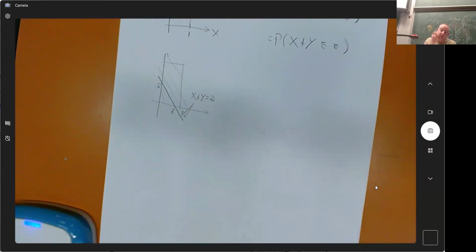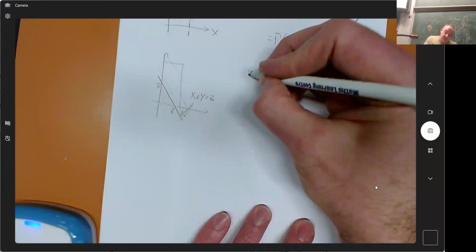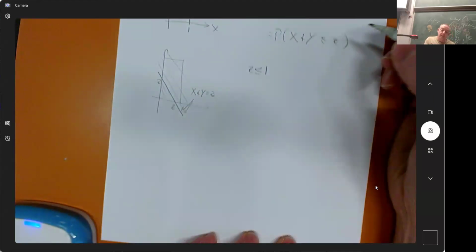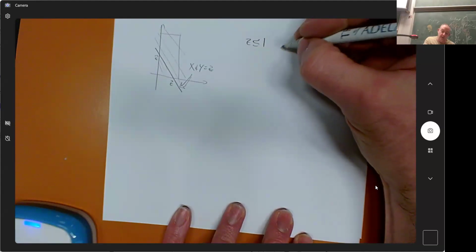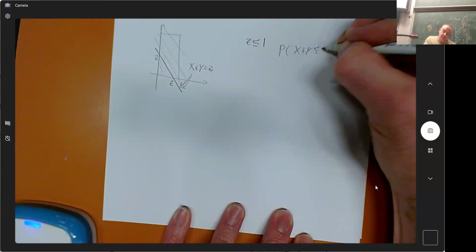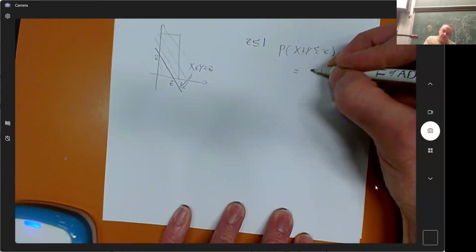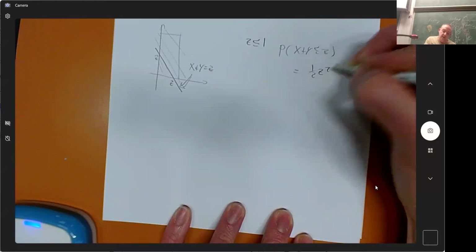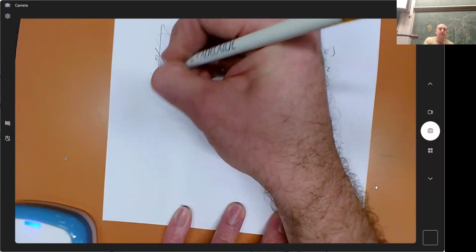And so what that means is that if Z is less than or equal to 1, I've got the probability that X plus Y is less than or equal to Z is this area that's half of Z squared. That's this thing here.